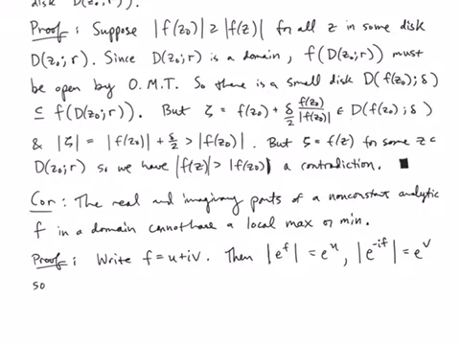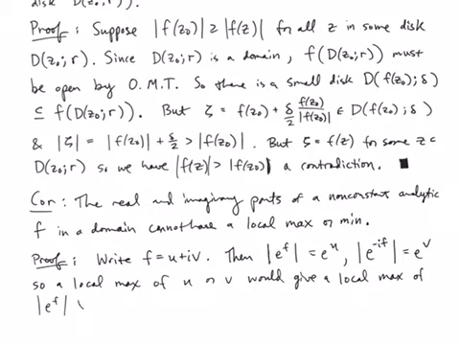So a local max of u or v would give a local max of the norm of e to the f and the norm of e to the minus i f, and e to the f and e to the minus i f are non-constant analytic functions.